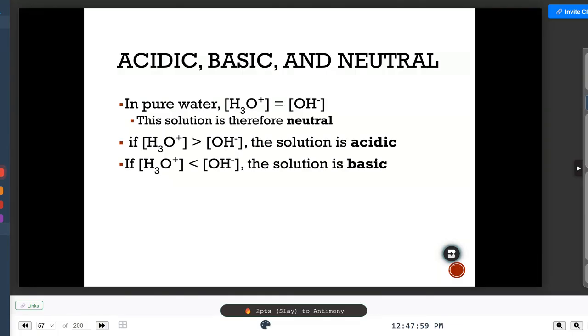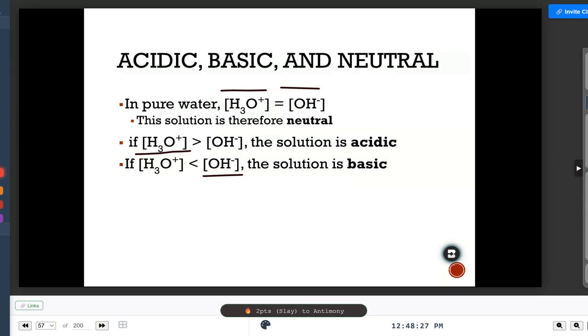Okay, so if we have an equal amount of hydronium and hydroxide ions, we have something that's a neutral solution. If we have more hydroniums than hydroxides, then we have hydrogens to donate, right? And we just learned that hydrogens being donated is what an acid is all about. And so we have an acid if we have some hydronium ions to donate. If we have more hydroxides than we have hydroniums, then we have more things that can take on some of these hydrogens.